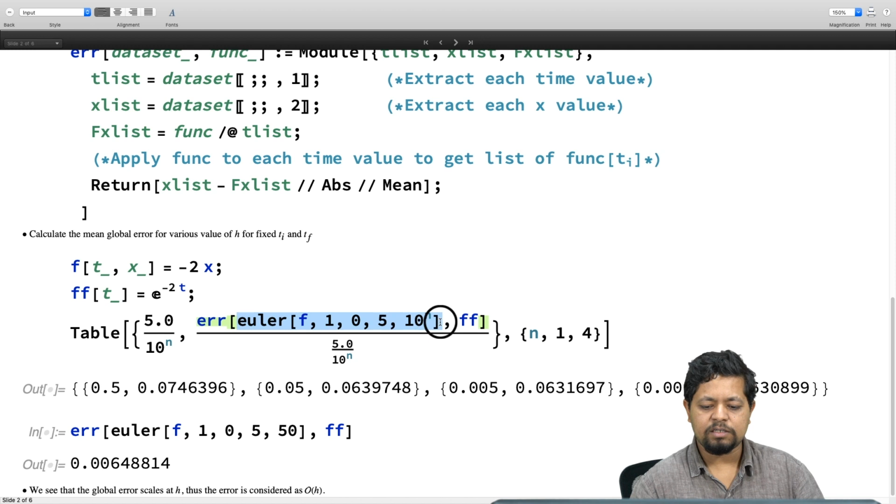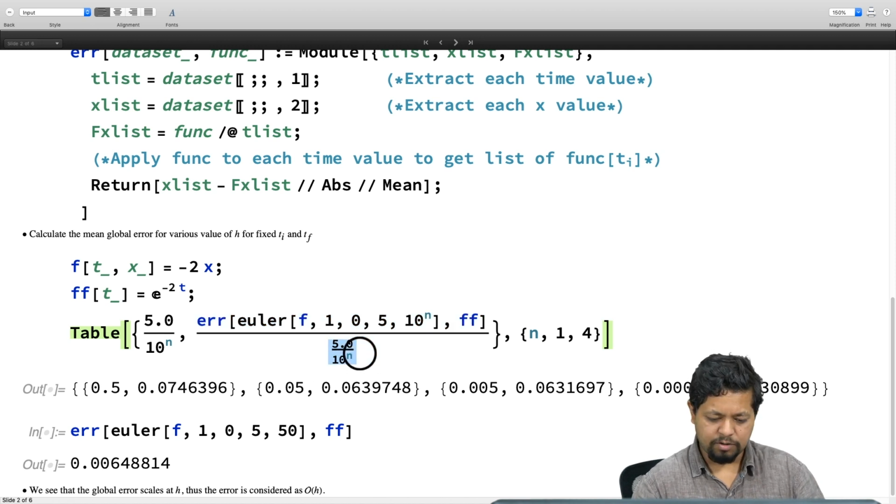The Euler function is going to return me the data list, which is the solution for x dot equal to this f from ti equal to 0 to tf equal to 5, for x0 equal to 1 and n max equal to 10 to the power n. That data list is passed to the error function, and the error function is also passed the solution and is going to find the mean absolute error. I'm dividing that mean absolute error by h.